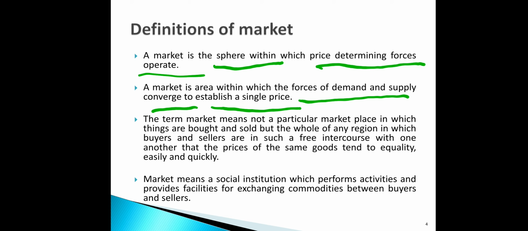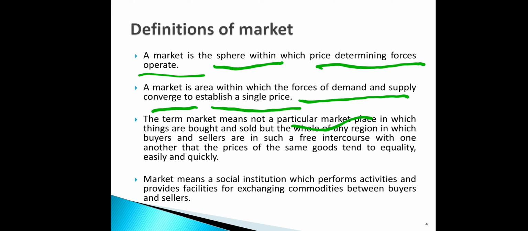Then next, the term market means not a particular marketplace. In the traditional definition, a market is defined as a place. But nowadays, if you look at the current era of marketing, there are digital markets.